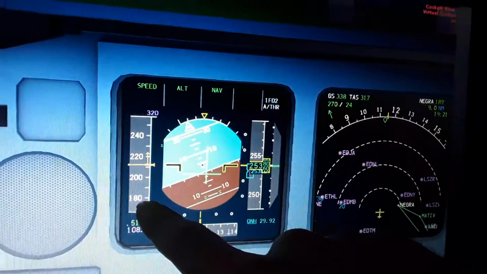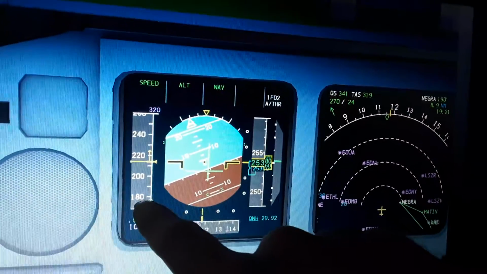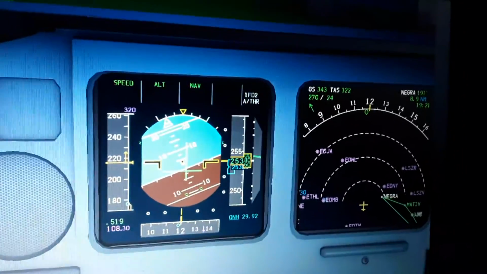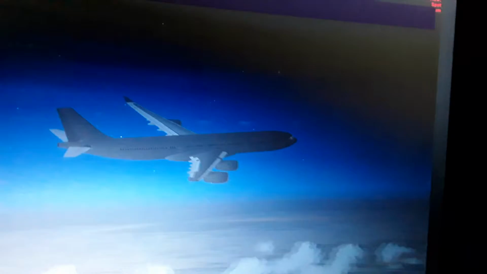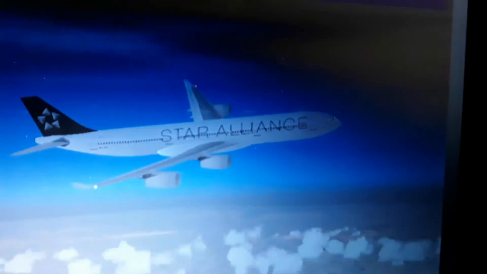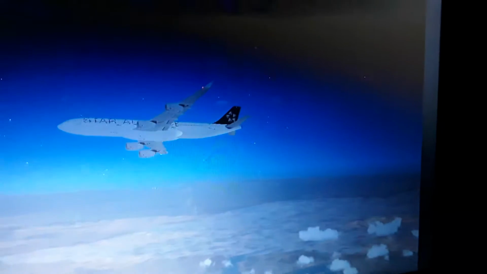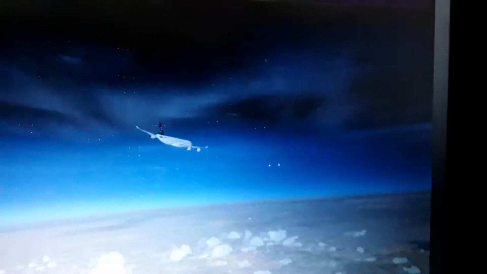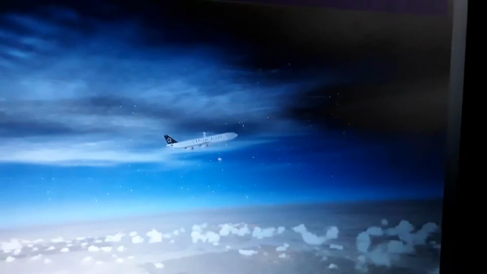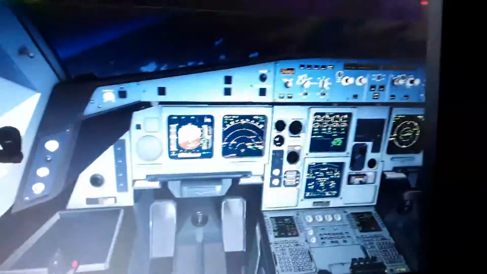So I should try to avoid this slow airspeed or high angle of attack as we fly, because we don't want to stall the aircraft. We have to go higher, I don't know, to see some chemtrails, but we have to turn back into the airport right now. No chemtrails. That's okay.